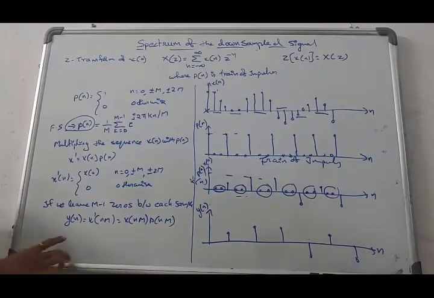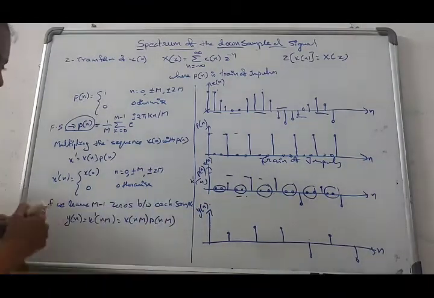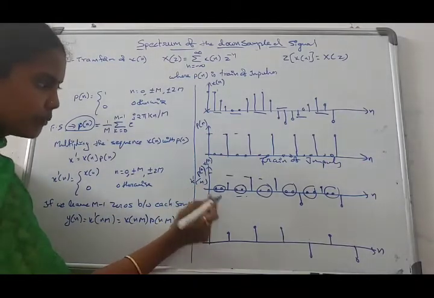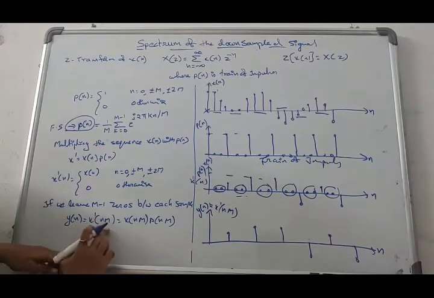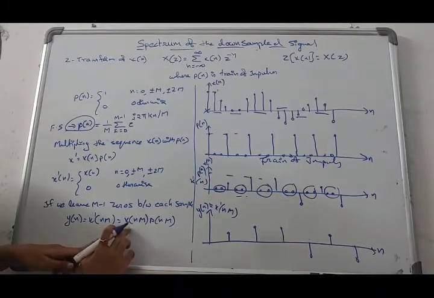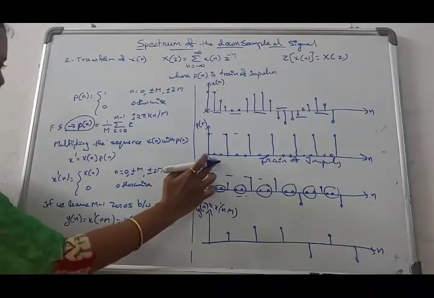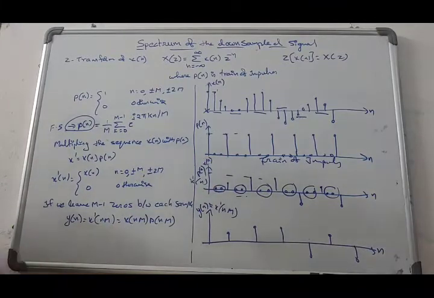Now y of n is equal to x dash of nm, which is nothing but x of nm into p of nm.